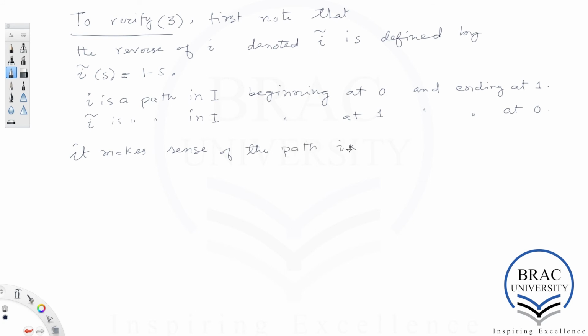of the path i star i twiddle, right? Because the final point of i is the initial point of i twiddle. So this is going to be a path from 0 to itself.